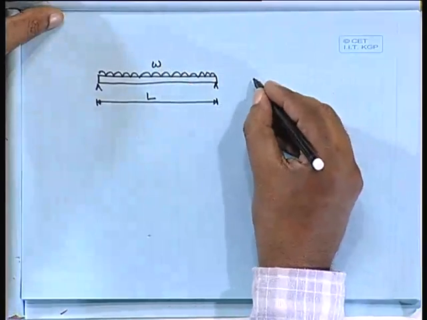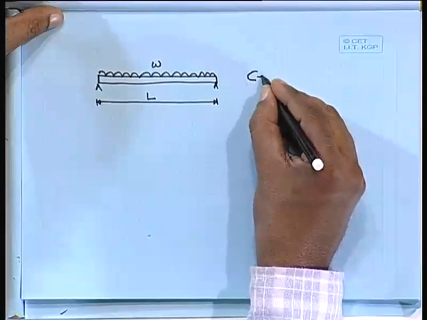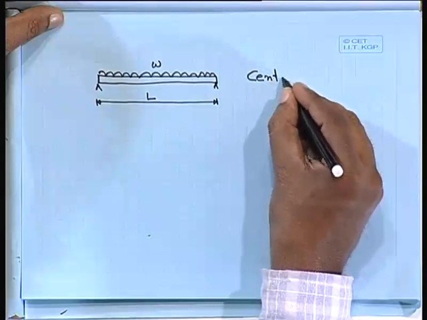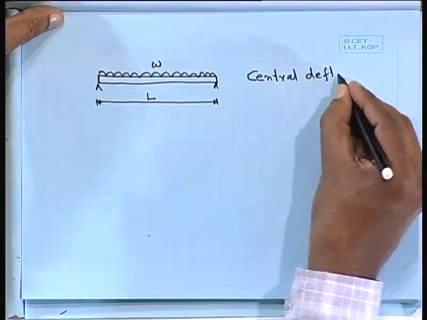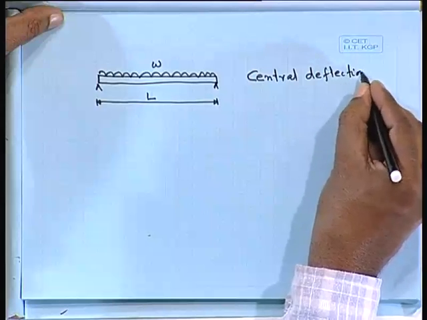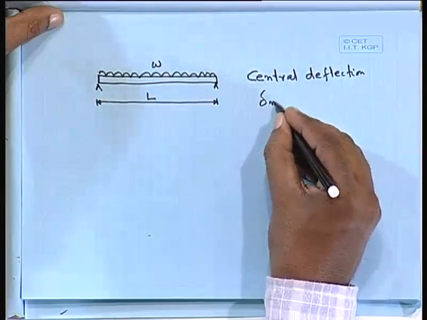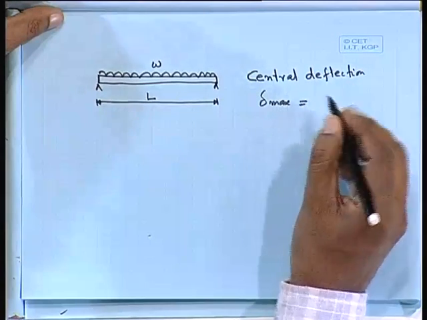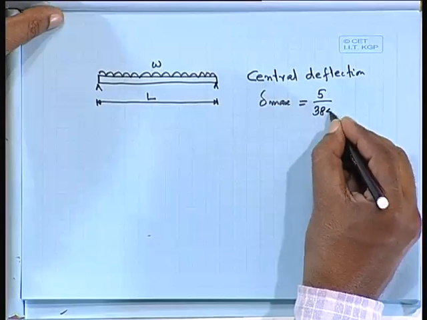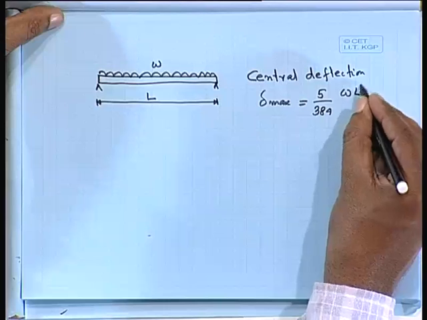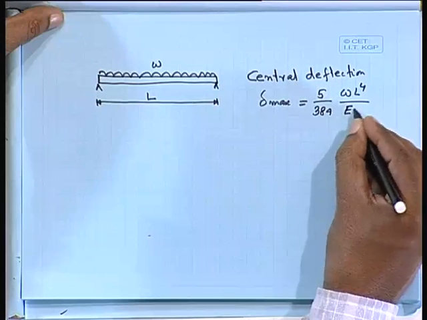the central deflection, say delta max, is equal to 5 by 384 W L to the power 4 by EI.